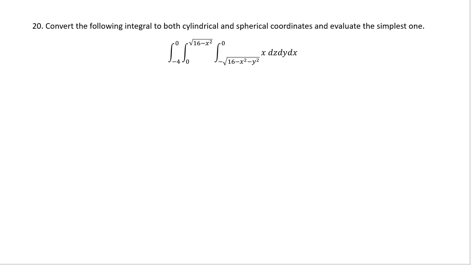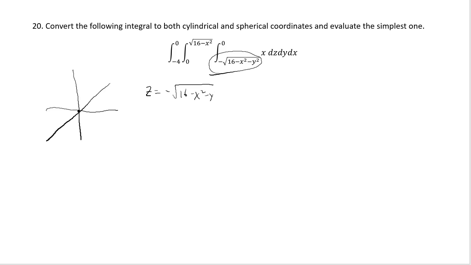Number 20. Convert the following integral to both cylindrical and spherical coordinates and evaluate the simplest one. Okay. So this one, if you look, you have z equals negative square root of 16 minus x squared minus y squared.